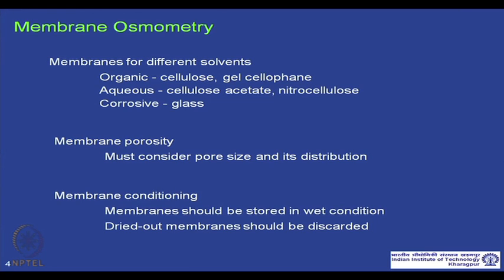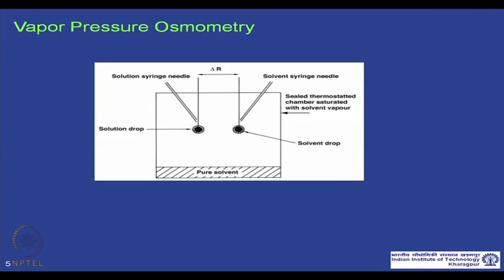And wet membranes, when used for this experiment, the solvent has to be changed gradually, so that they are wet with the solvent of our interest when you start the experiment.